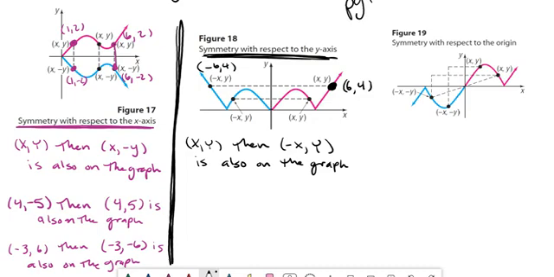This is symmetry with respect to the y-axis. What they're wanting us to notice is that every point on the graph, say that point happens to be 4 comma 2, then the opposite sign of x, comma 2, would also be on the graph.